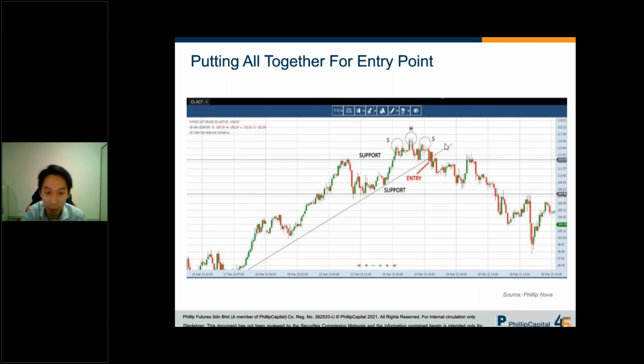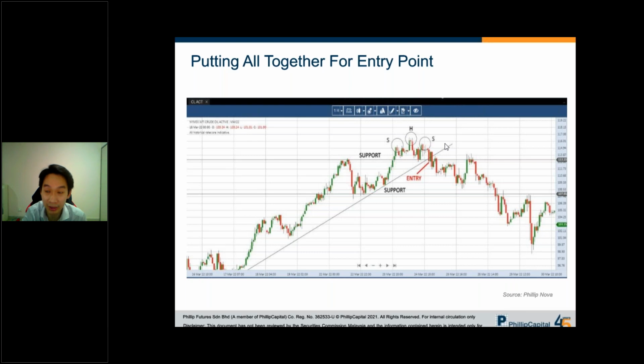But wait, we don't enter as soon as this head and shoulders is formed. We wait for a trend line break, and only then we enter, to confirm the market wants to go down. You always look for 2 or 3 indicators or patterns to confirm the market is reversing before you enter. If you just trade based on the head and shoulders, you are taking quite a huge risk, because there's no other indicator or pattern to confirm the market wants to reverse.